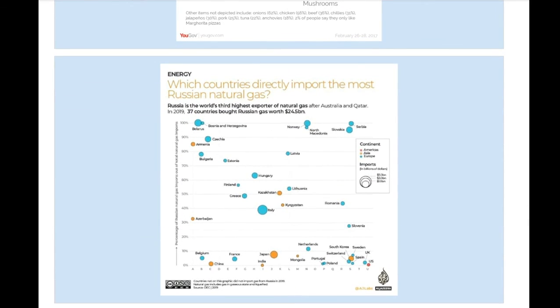And lastly, one more, looking at which countries directly import the most Russian natural gas. Looking at this, you might say, okay, it doesn't seem to be anything too wrong. We have the different circles to represent the different imports, different colors to represent the different countries. It does start at 0, it goes up by 10% every time, so we're seeing everything. But the x-axis is just the alphabet.